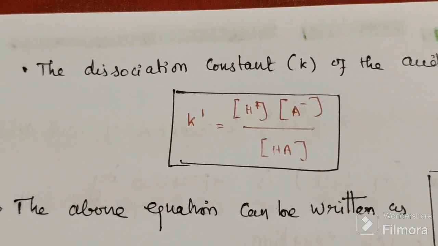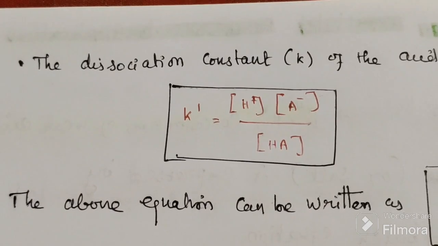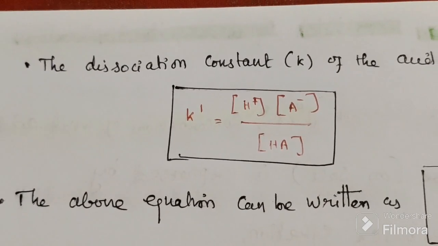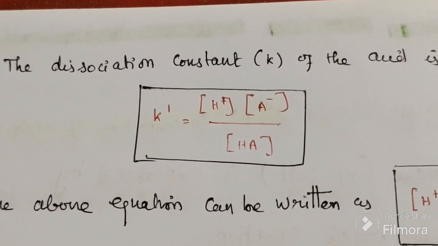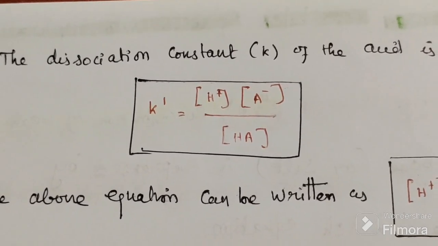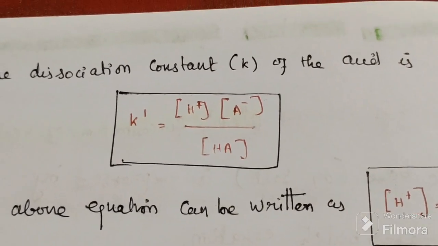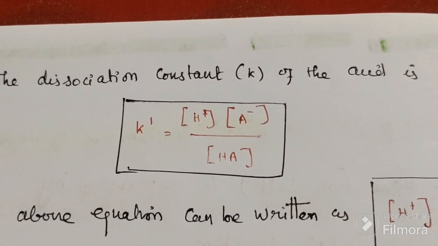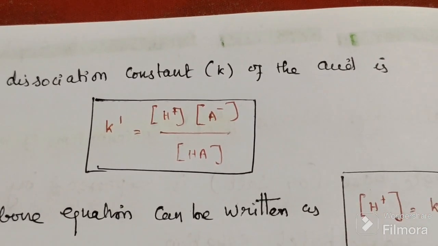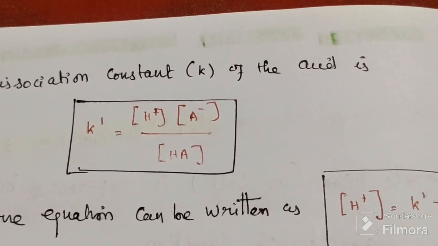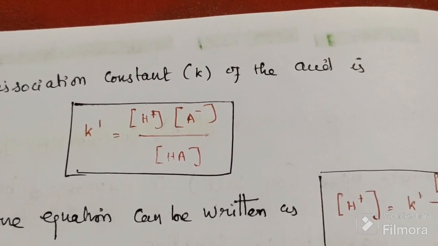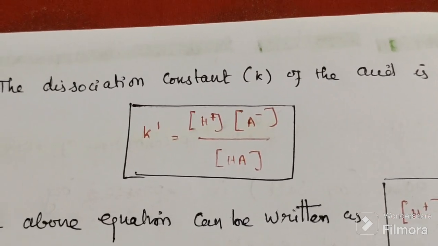By definition, the dissociation constant of that acid is K. This one is the dissociation constant. H means proton, then A minus is the conjugate base, divided by the weak acid. So the dissociation constant is proton multiplied by conjugate base divided by weak acid.